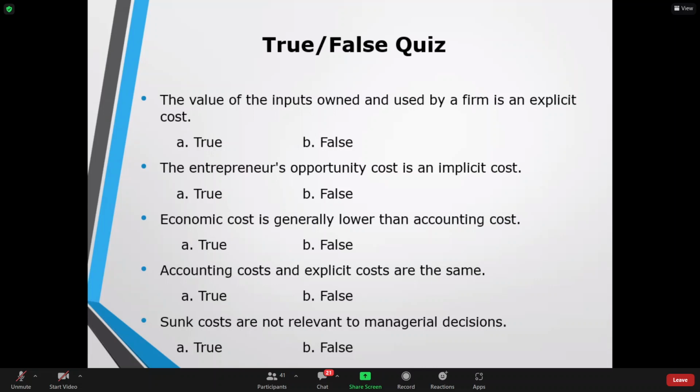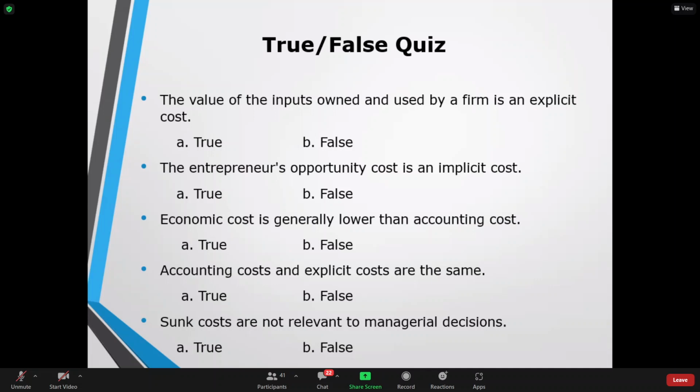Okay. Fifth one, sunk cost. Sunk costs are not relevant to managerial decisions. True or false? Sunk cost is something we have already incurred. What we need to know for our managerial decision making is what's going to happen next, the future cost, the cost to be incurred.